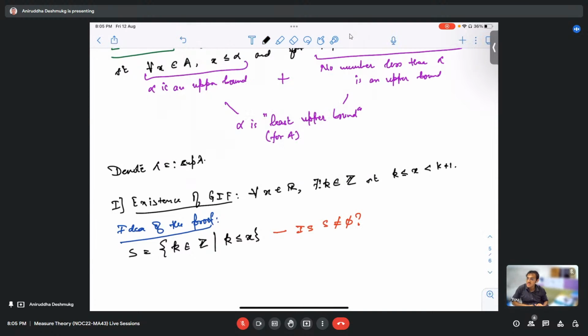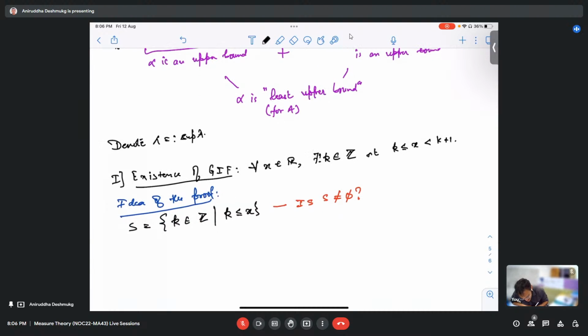Is S empty or non-empty? Non-empty. Why? I think the Archimedean property. Correct. Again, because of the Archimedean property, this is not empty.